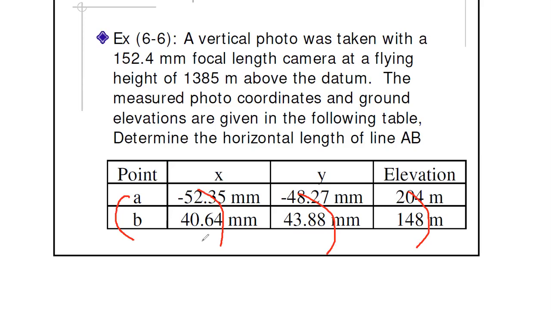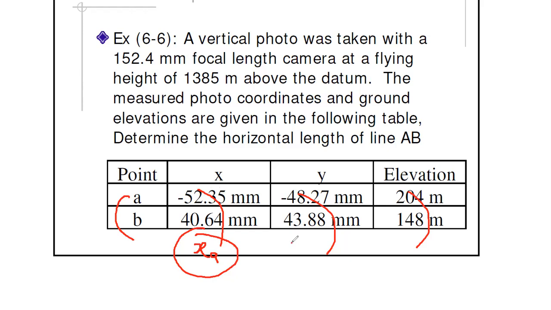Therefore, this one then becomes x, smaller letter a. So you have to detect that, okay, x subscript a is equal to minus 52.3. Otherwise, when you put the formula down, you wouldn't know which one to put where. Do you understand? Yes, sir. Okay.